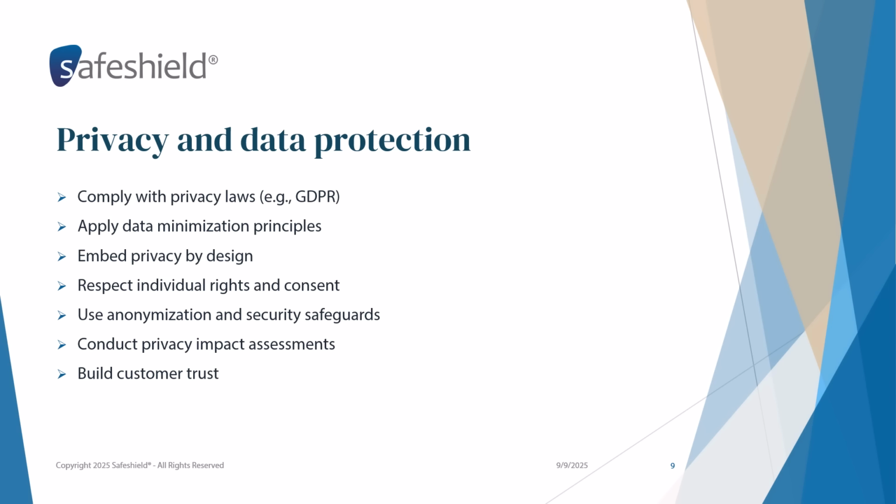Privacy governance begins with data minimization, collecting only what is necessary, and continues with secure storage, access controls, and anonymization techniques. AI systems should integrate privacy by design, embedding protective measures into every stage of the life cycle.